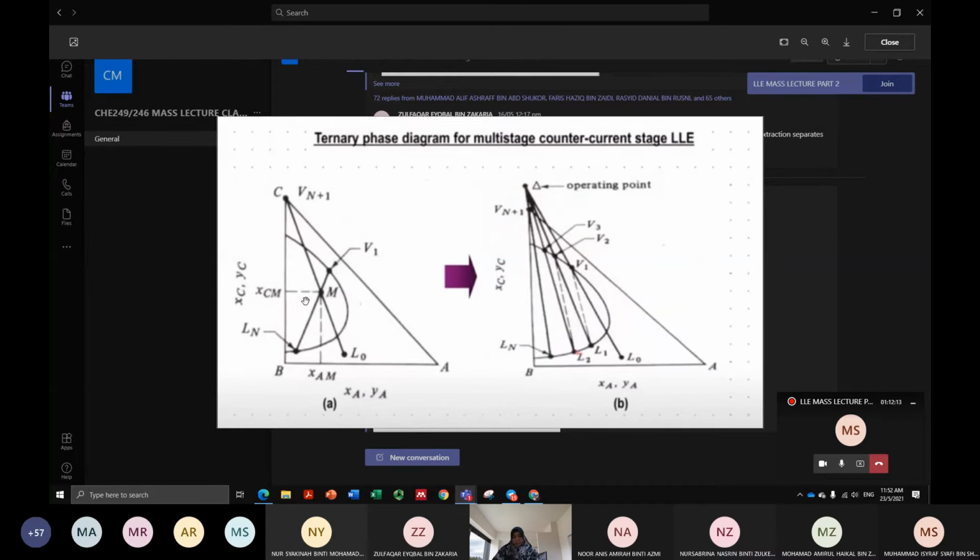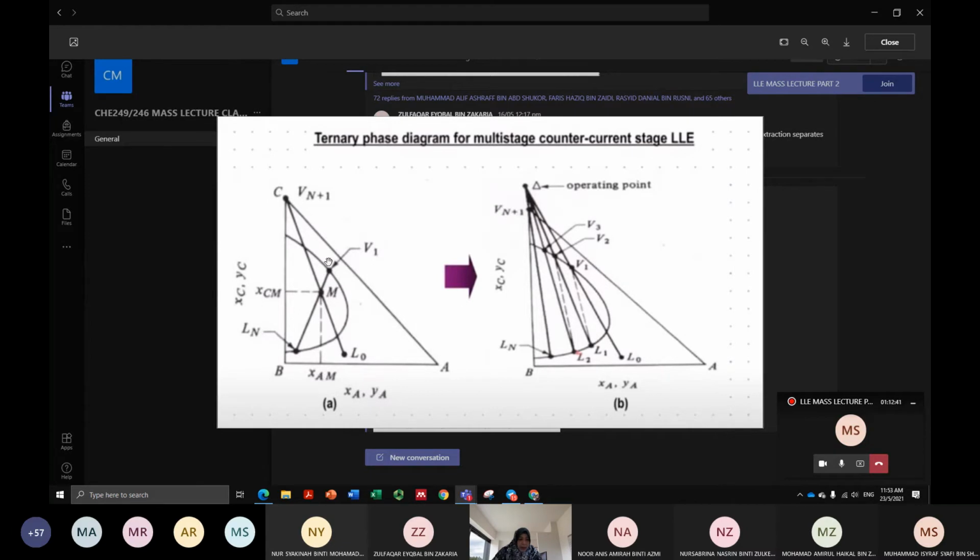Okay, next, if you connect the line between L0, your extract, and Ln with your solvent, which is Vn plus 1, you just draw a straight line from here to here and extend the line.